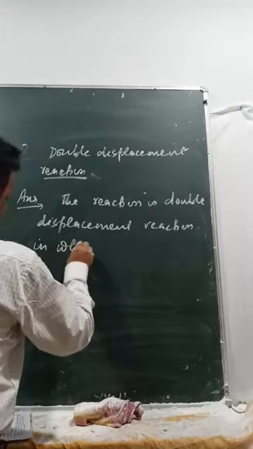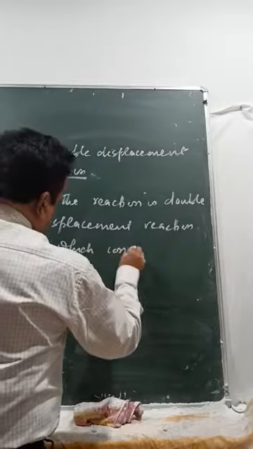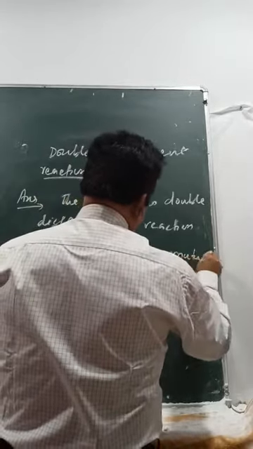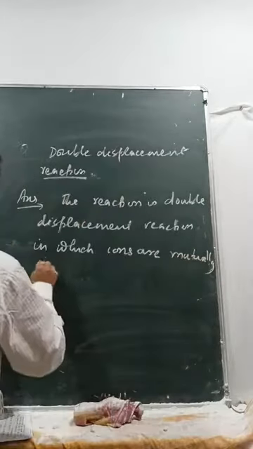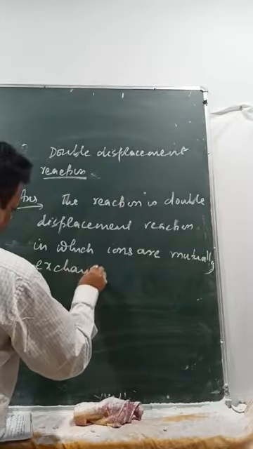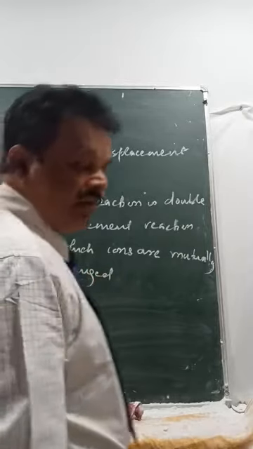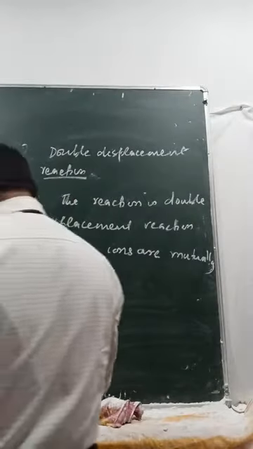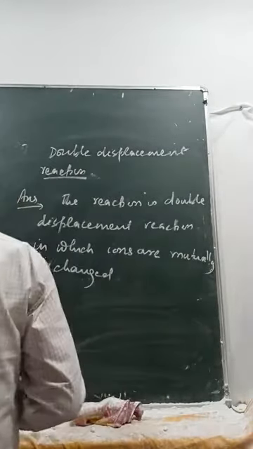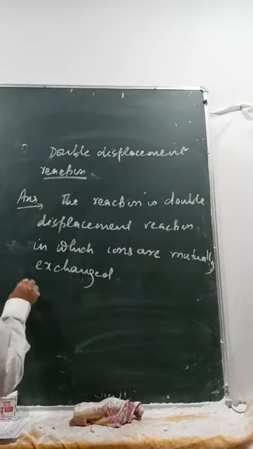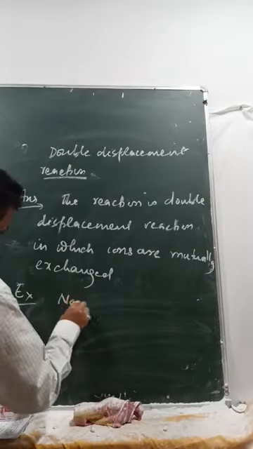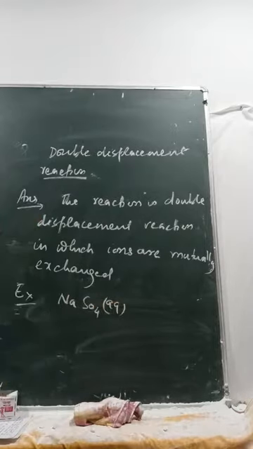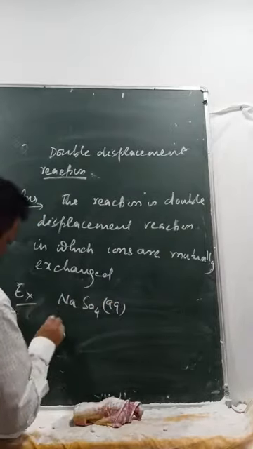In which ions are mutually exchanged. So this can be clear if you take 2-3 examples on this. Suppose you have got a question here. Suppose first is sodium sulfate. See the example. Na2SO4 solution. This is sodium sulfate.